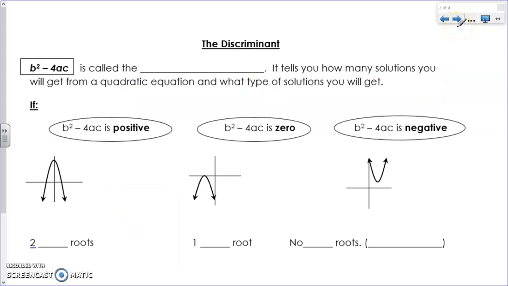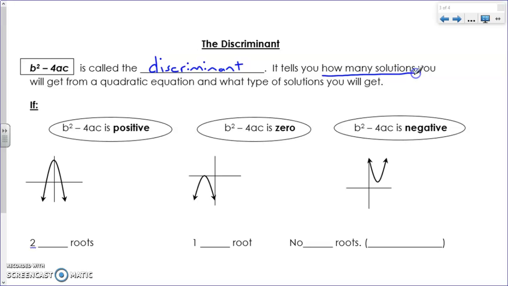So the discriminant, if you remember, is b squared minus 4ac. We use this formula, and that is called the discriminant. Okay, it tells us how many solutions.